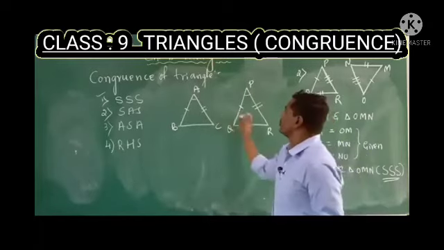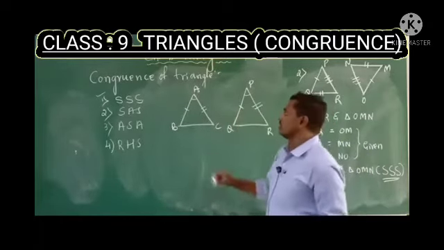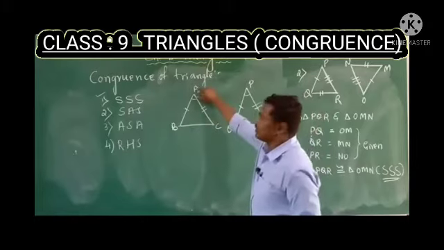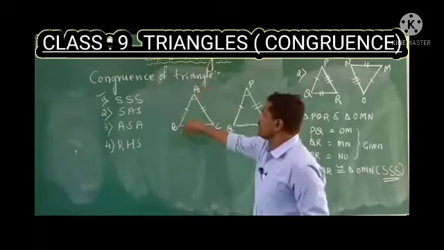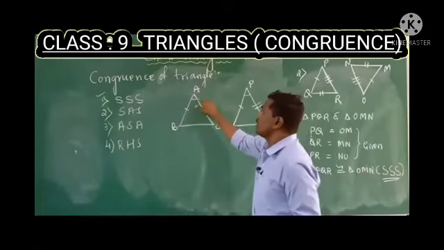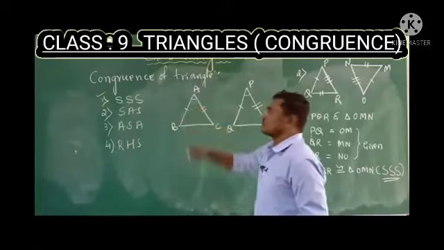We need to prove that these two triangles are congruent. Just observe this angle A. Angle A is formed by the two sides AB and AC. So this is the included angle of the two sides.